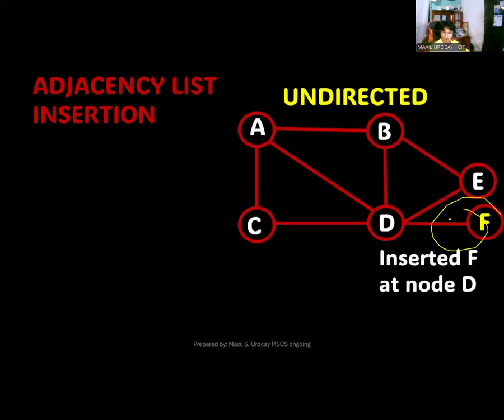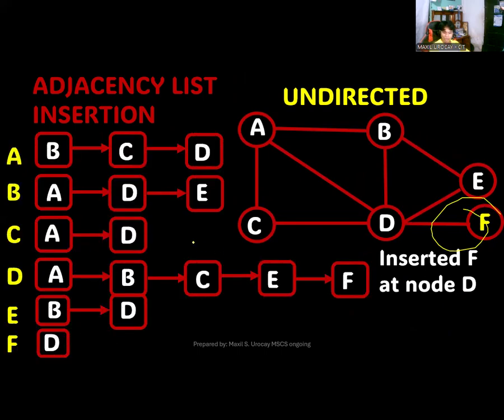Suppose we already inserted F at node D, and you update your list right now: you update here letter F, as well as draw another box for F, and that is only D, since D is the only adjacent vertex for F in that particular graph.